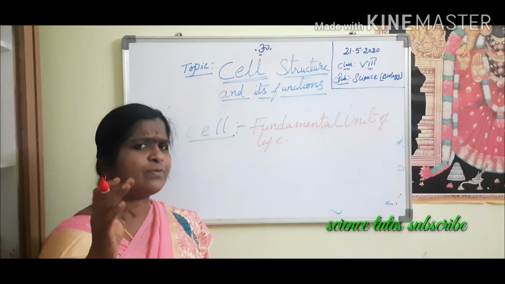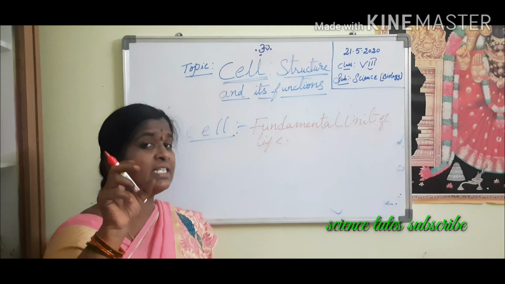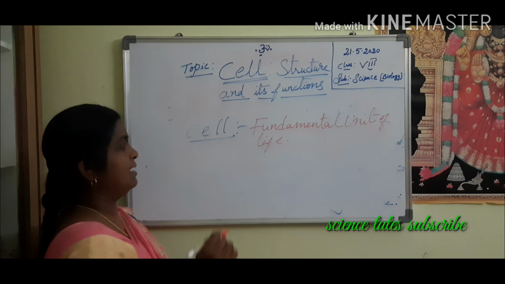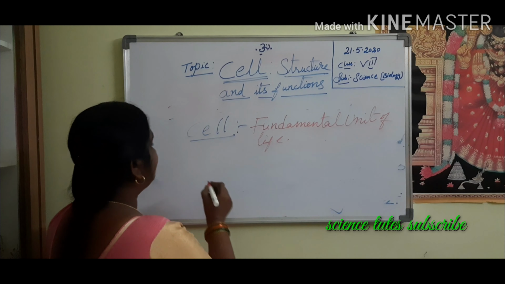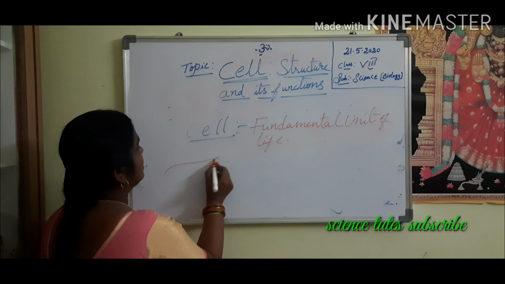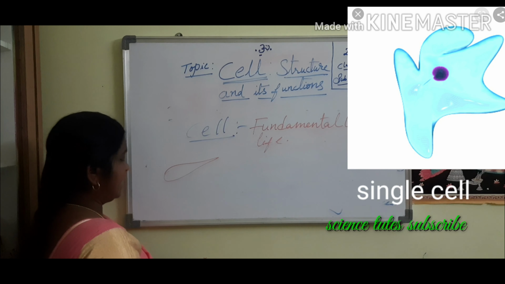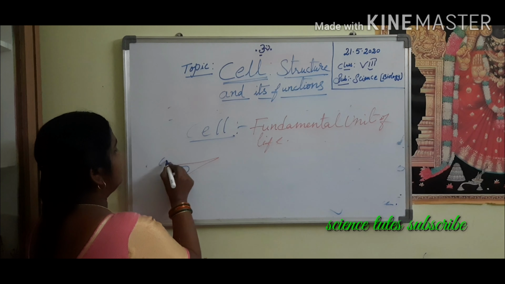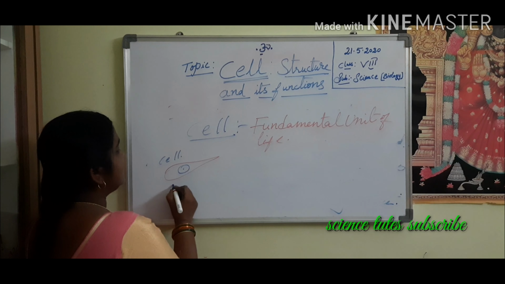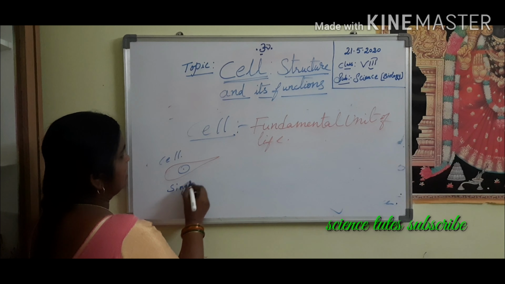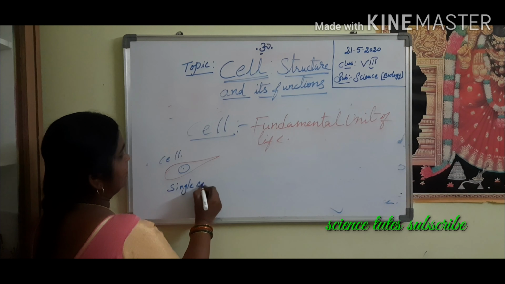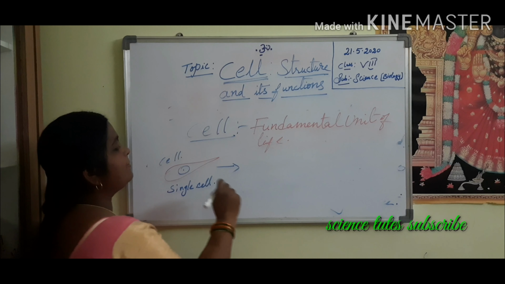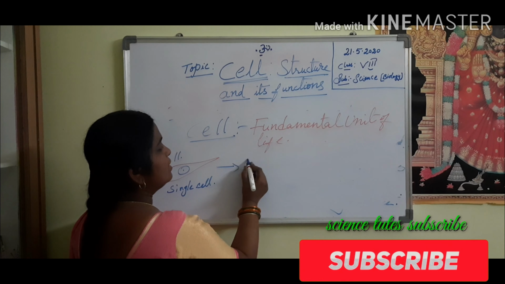Any organ forms its shape with the help of the cell only. See, I am drawing a diagram here. This is a cell, a single cell. The single cell multiplies its number.